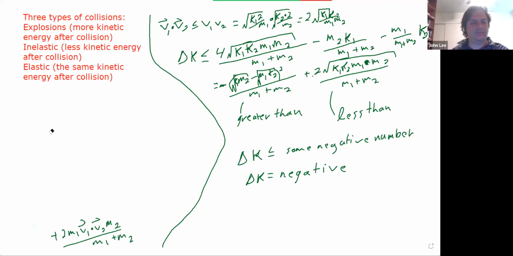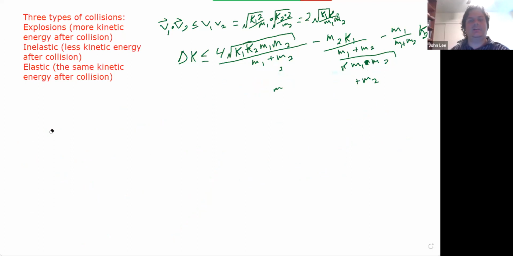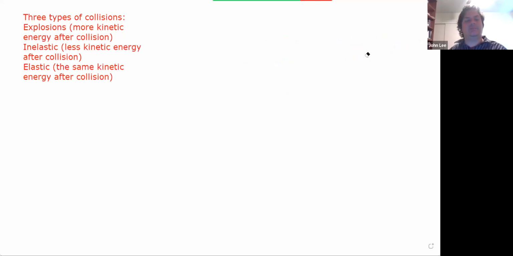But that's going to be the case. And then the last collision that we're going to come across is an elastic collision. So for example, one example of an elastic collision is where you have one ball moving with v initial.